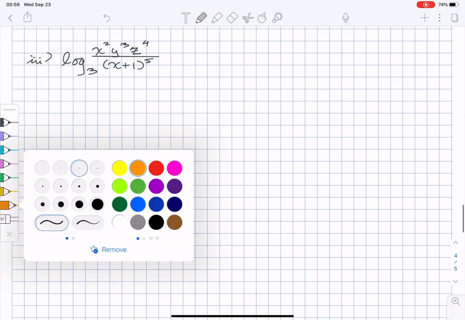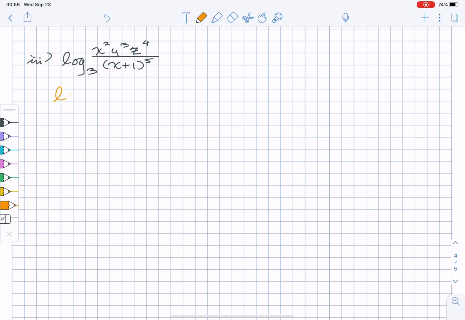Okay, so we have log base 3 of the quotient x squared, y cubed, z to the 4th, divided by the quantity x plus 1 to the 5th. Sorry, that's z to the 4th.